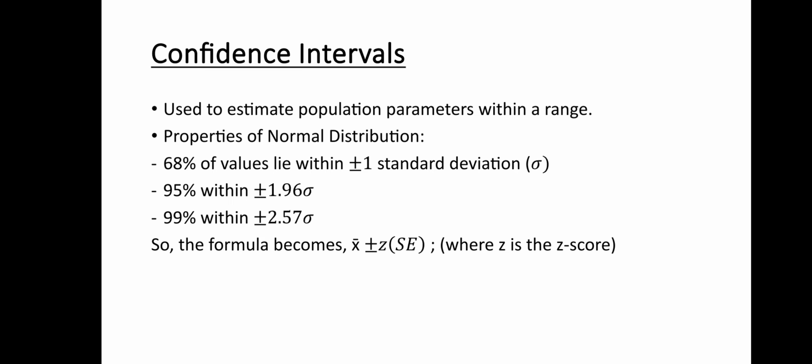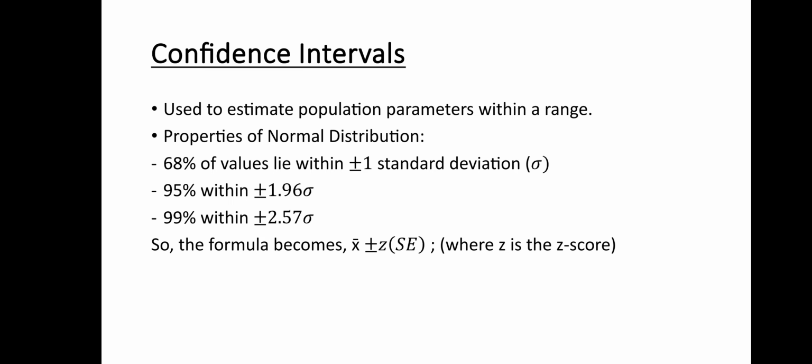Building on this idea of precision, let's discuss confidence intervals. A confidence interval gives us a range of values within which we believe the true population parameter lies, with a certain level of confidence. For normally distributed data, we know that about 68% of the values fall within plus minus 1 times standard deviation of the mean.